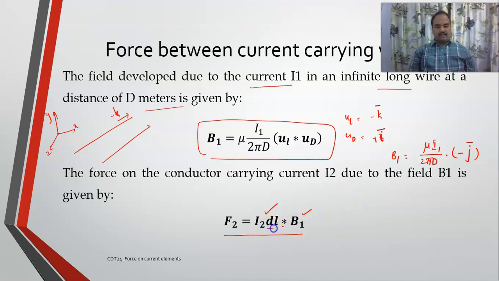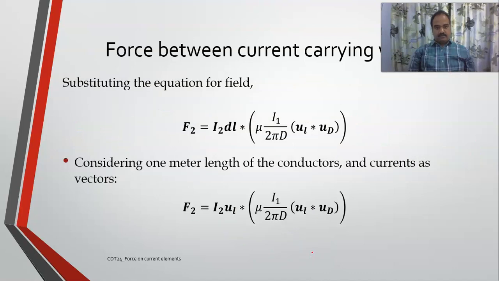Now here also, dl is in which direction? This is dl cross B. I'll take this one also as dL bar, and I'll take it as force per unit length. Considering 1 meter length of the conductors, this dL bar is also in minus k.